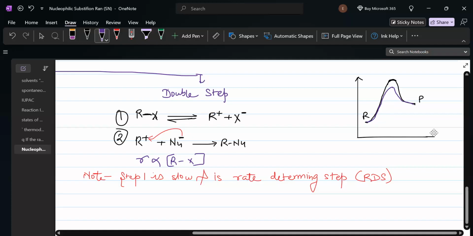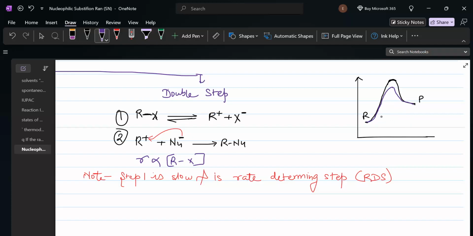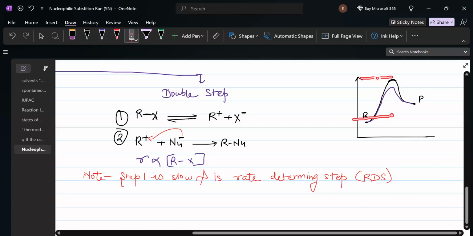No problem if you are not understanding, just try to understand this: to form a product, it has to cross this big energy difference. So the RDS is the step where the energy difference is very high.